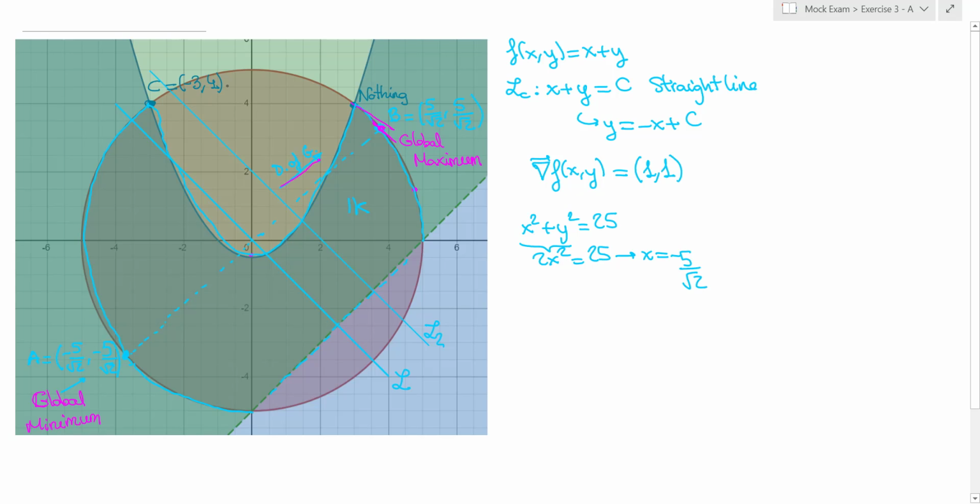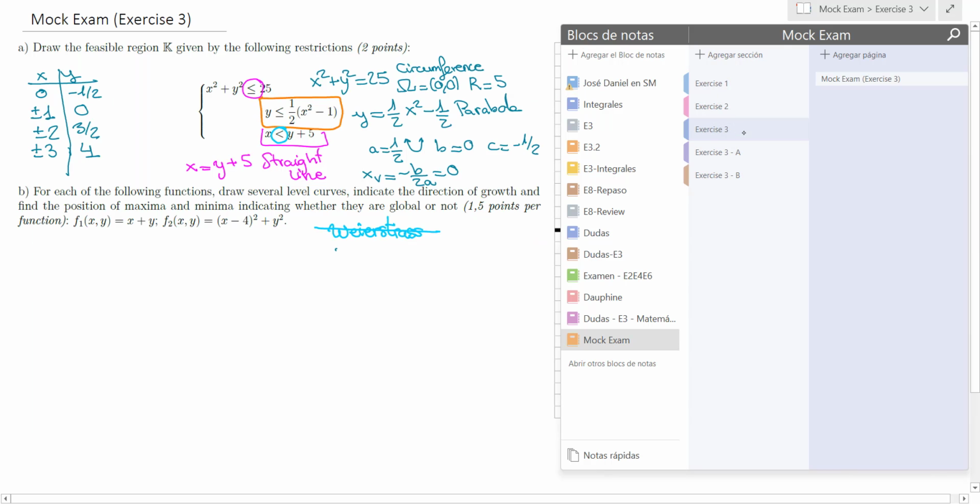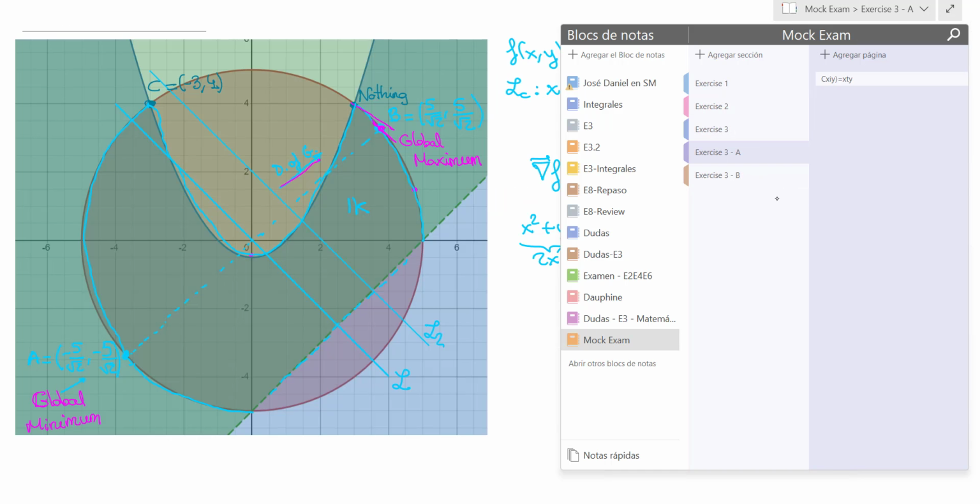You can see its coordinates by inspection. Otherwise, you can solve the system of the circumference and the parabola that we had, which is y equal to 1/2 of x squared minus 1.